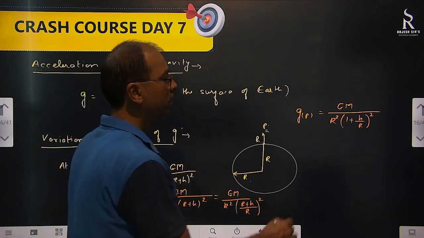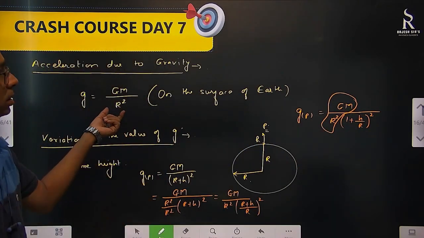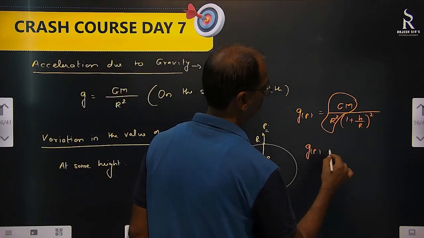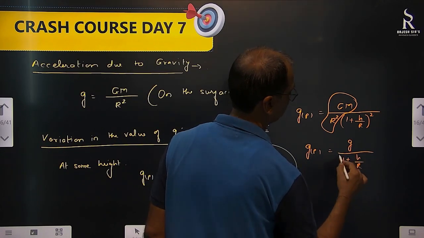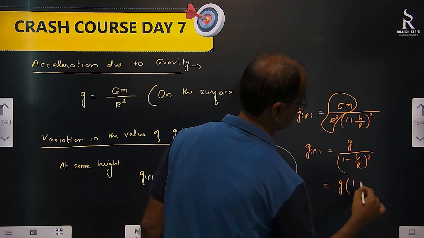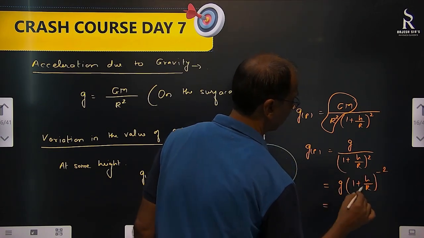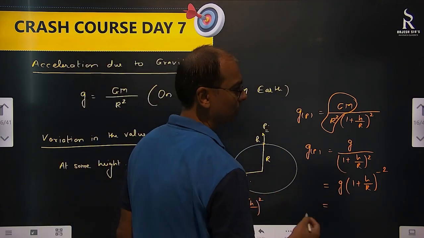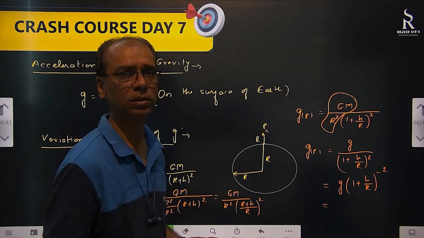Clear? Now in this, what is GM by r square? This is g. So g at P becomes g by (1 plus h by r) whole square. Now take this one up: (1 plus h by r) to the power minus 2. Now we are saying h is very small as compared to r. h may be around 2 kilometers, 5 kilometers, 10 kilometers.